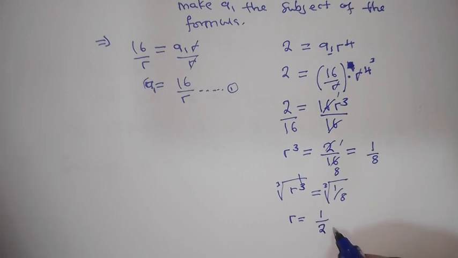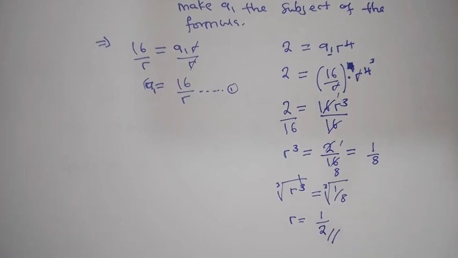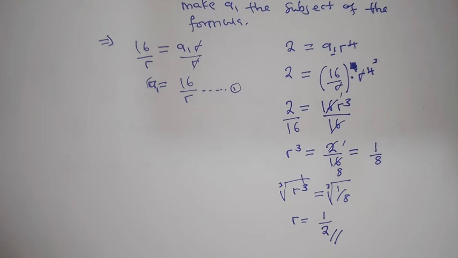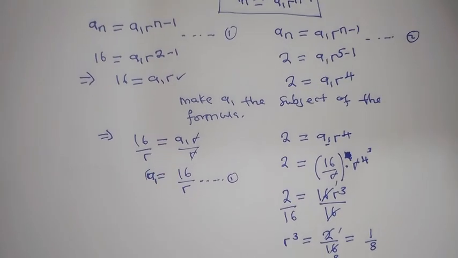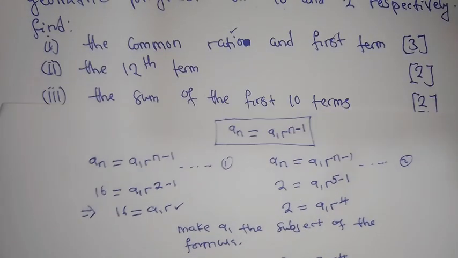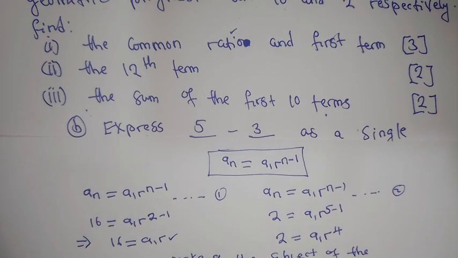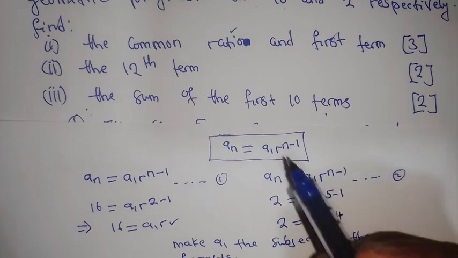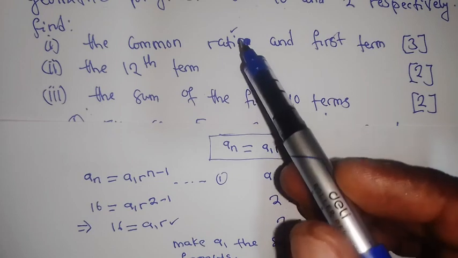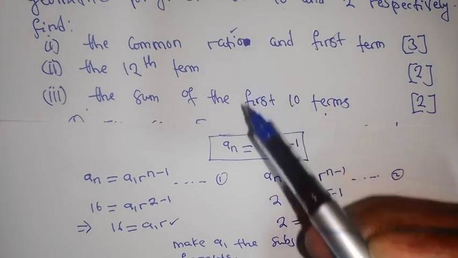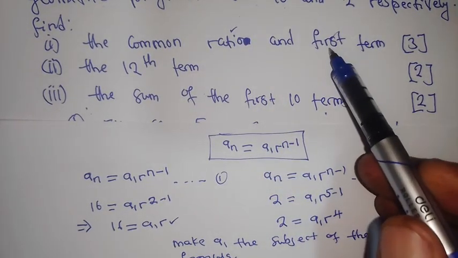So meaning your r is just the half. So now from there, we have just managed to find the common ratio. Now we also need the first term.